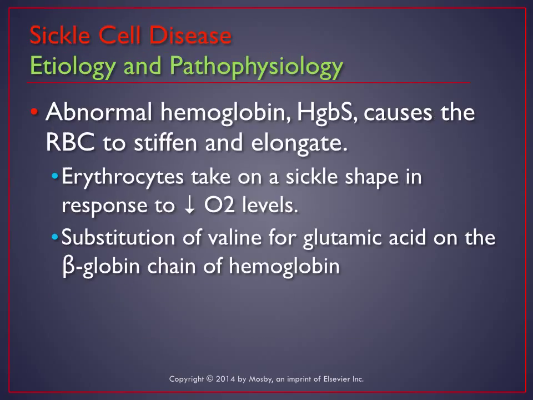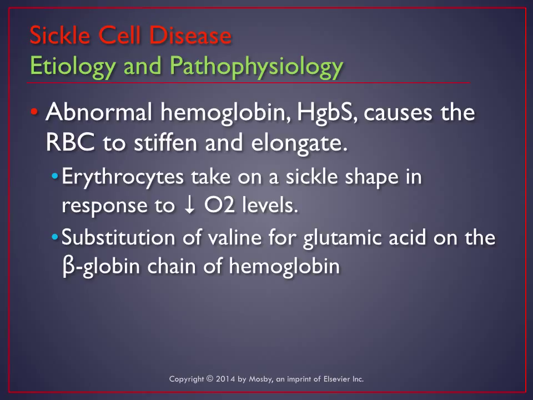There is an abnormal hemoglobin, which is known as hemoglobin S, and it causes the RBC to become stiff and long, and they take the sickle shape. And because of that sickle shape, the oxygenation of the body through these cells decreases.